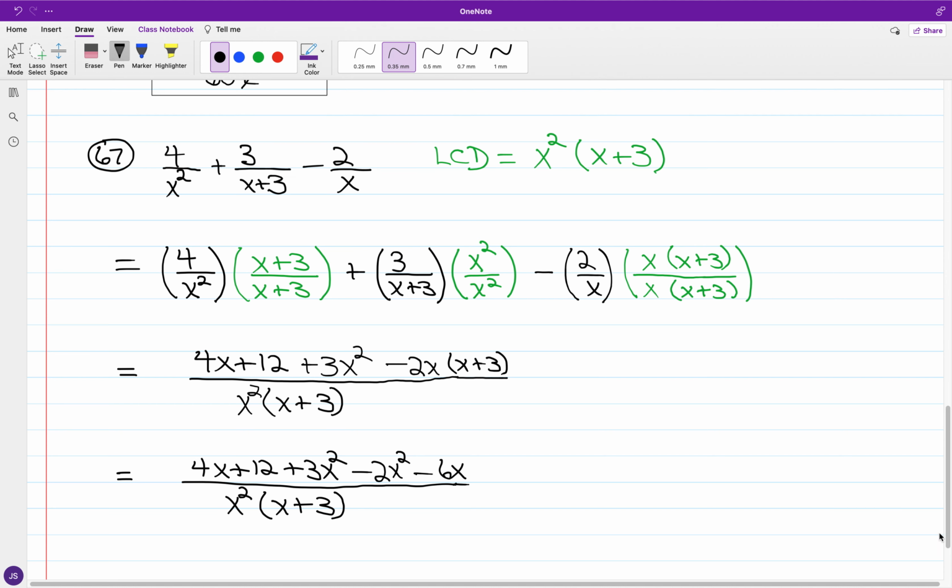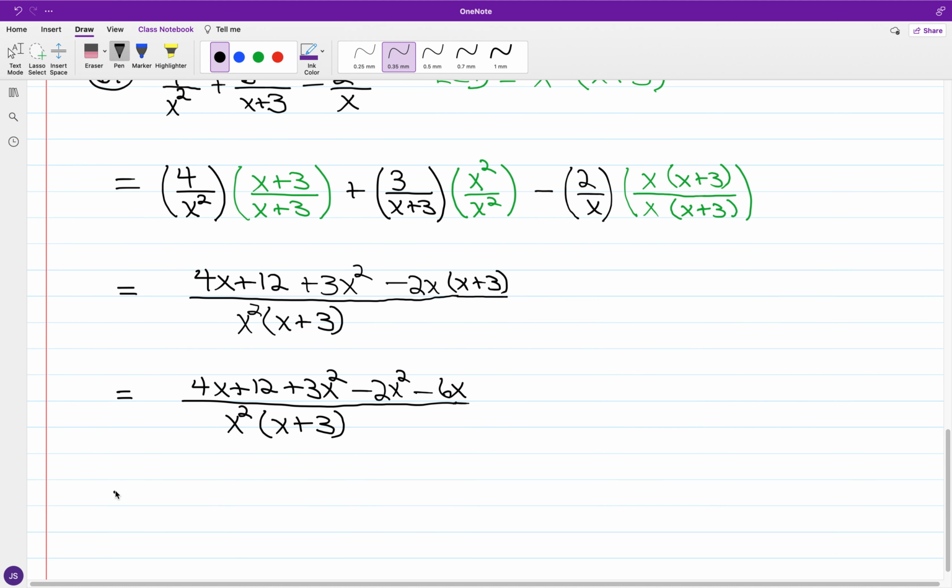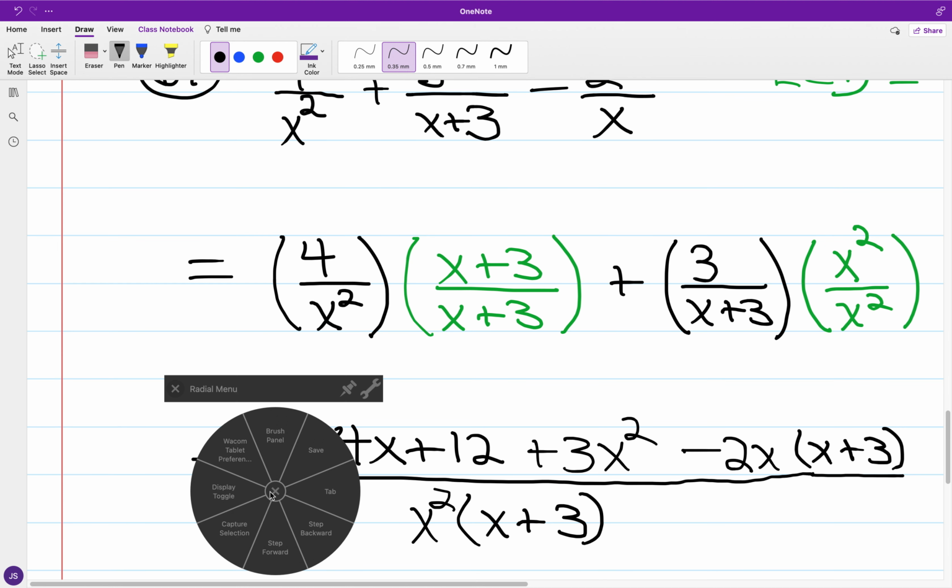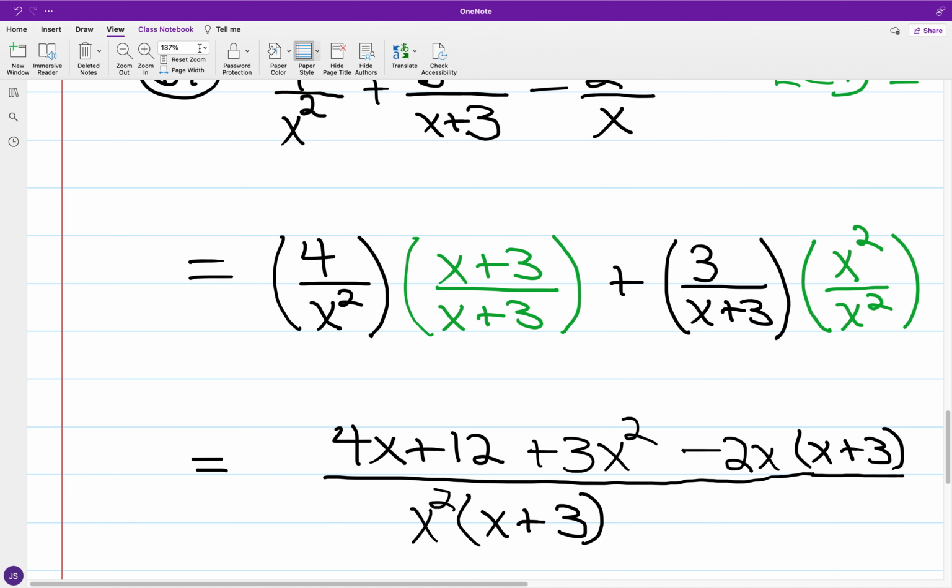Finally, upon combining like numerator terms, and putting these in descending degree order.